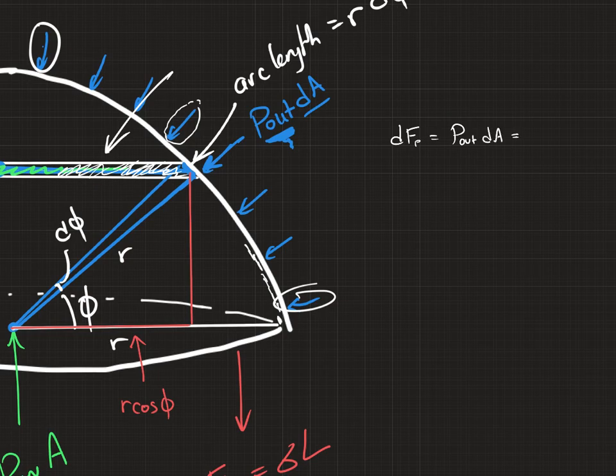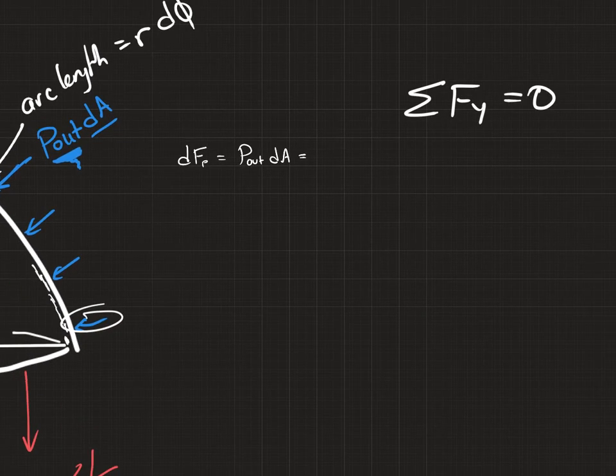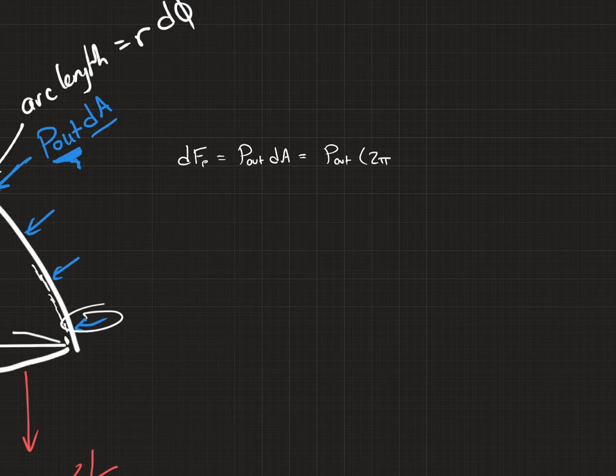So I'm plugging and chugging right now. This equals P out times that area, which I decided was 2 pi r squared cosine phi d phi.